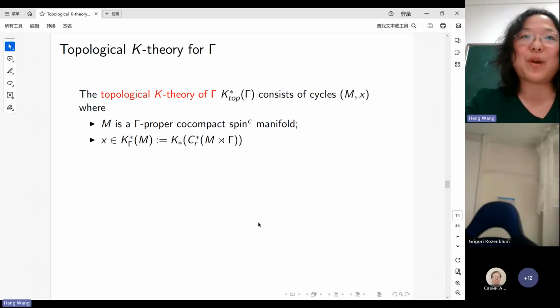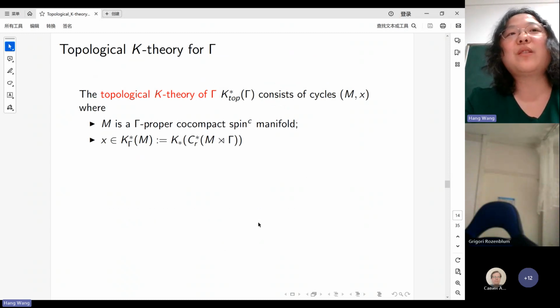In any case, with these preparations, we can finally introduce the topological K-theory of a discrete group gamma.